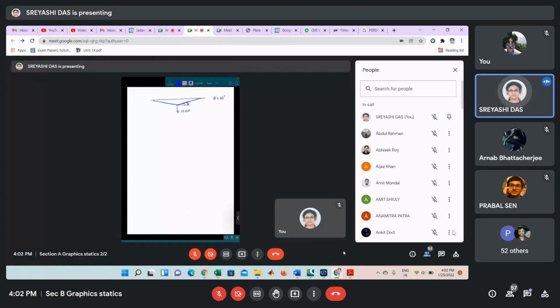So that means here the depth reduces. So what do you think? What should be the force magnitude?